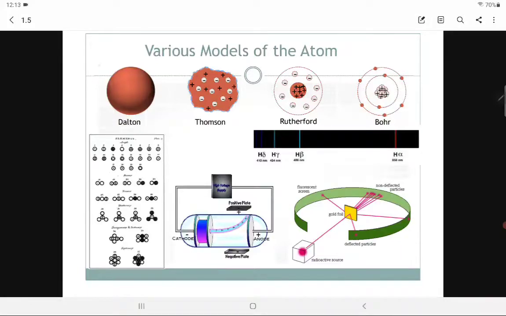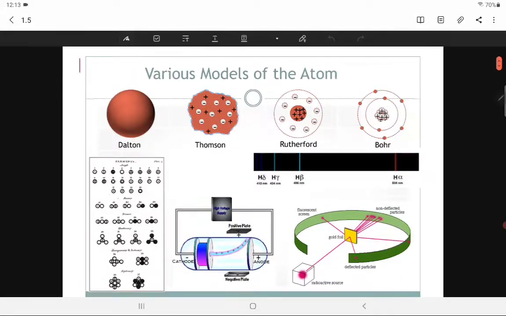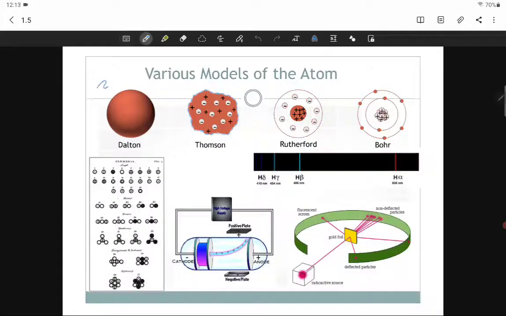This is our oldest model of the atom. And then really no definitive idea about what the atom is with Dalton. And then we move on to Thomson, and Thomson used the cathode ray tube to figure out that there were electrons.